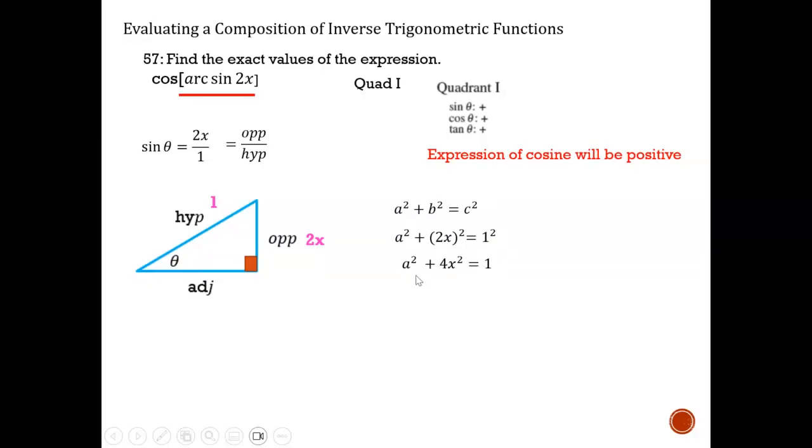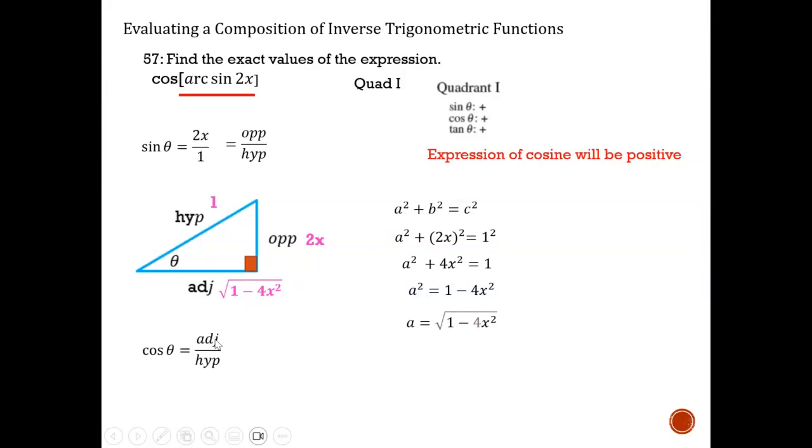That's going to give us a squared plus 4x squared equals 1. We subtract 4x squared from both sides. So a squared equals 1 minus 4x squared. We take the square root of both sides. So a equals the square root of 1 minus 4x squared. That's my adjacent.